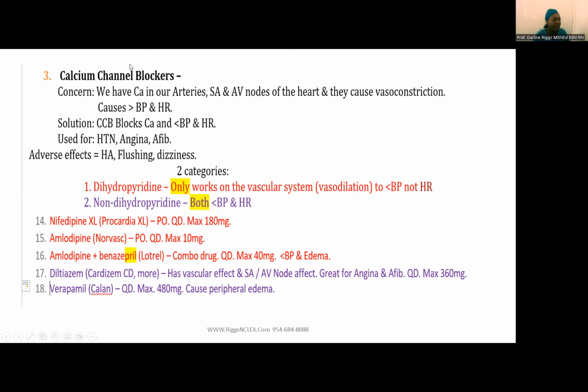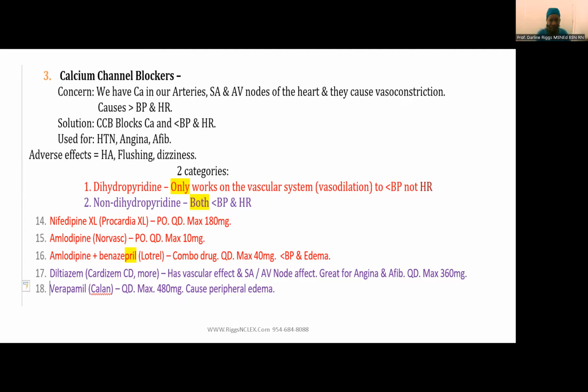We have calcium in our arteries, okay? In the heart, your SA node and the AV node, which we've covered in detail. I hope you enjoy my anatomy of that. So we have calcium in our arteries, in the SA and AV nodes of our heart. They cause vasoconstriction.